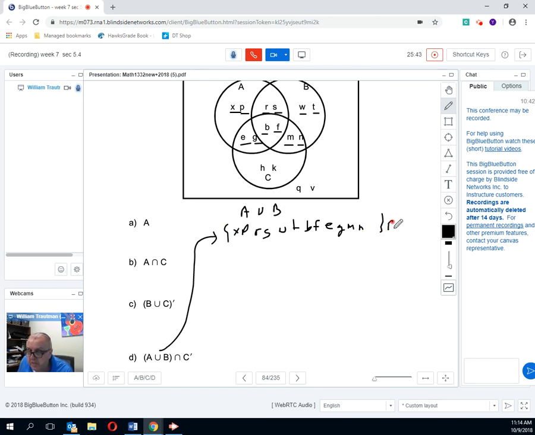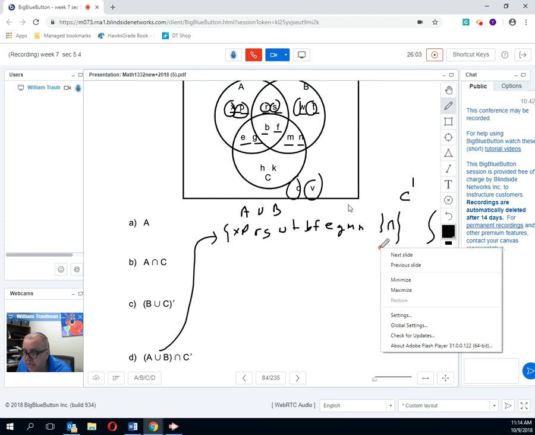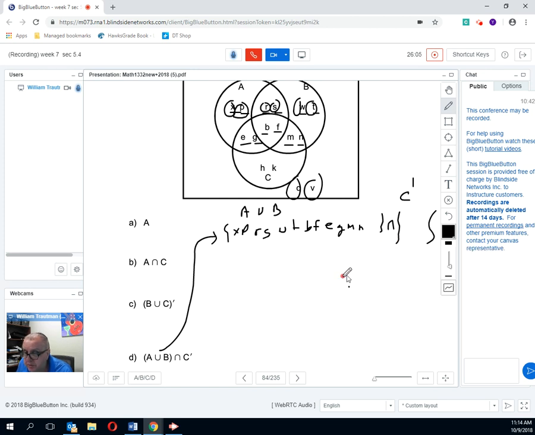And then we want to find things that are not in C. Well, here's C, all this big circle. See, these that I'm circling are not in C. You see, those are not in C. And I'm going to make it a little bit bigger.